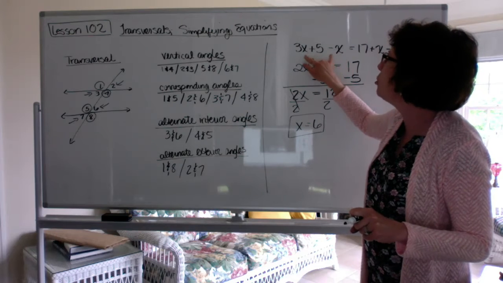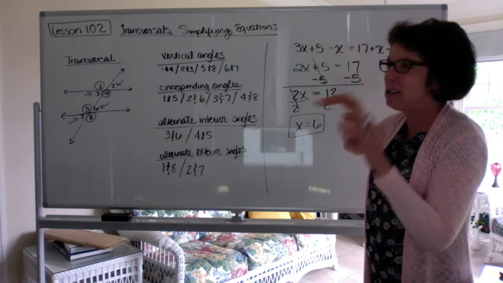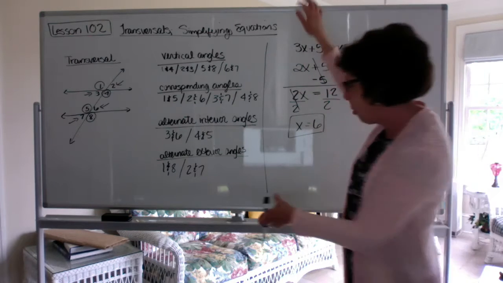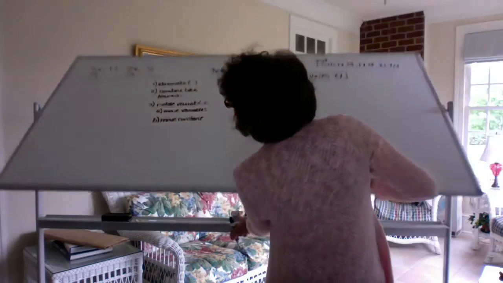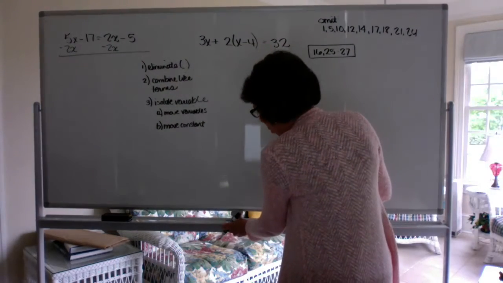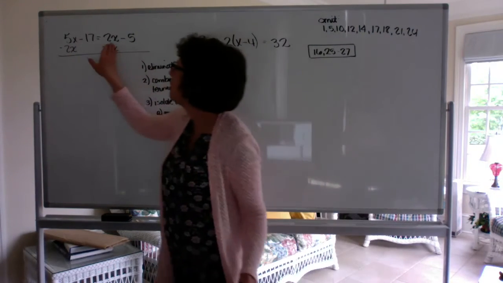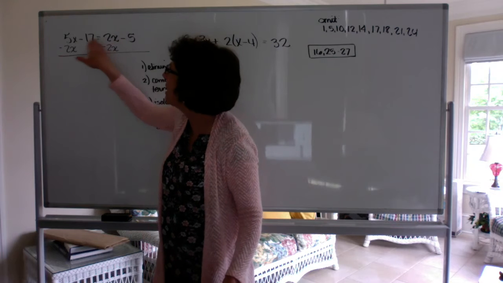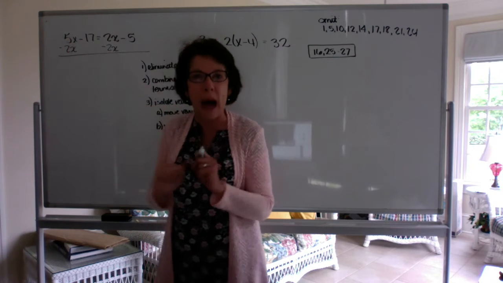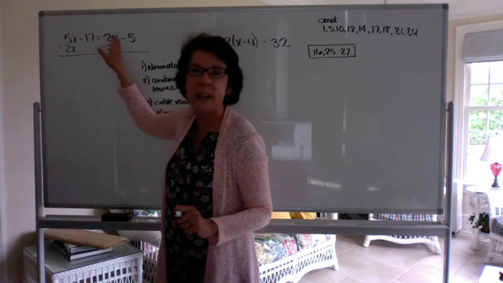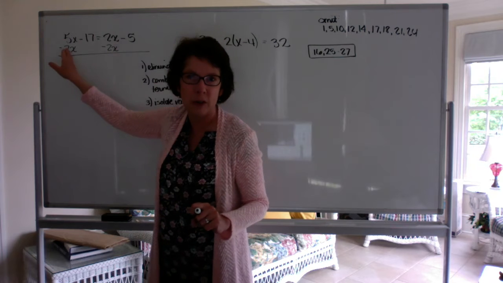You never want to add x's or subtract x's from the same side of the equation. So let's look over on this side again. This time, because we have x's on both sides, we're not combining like terms, we're moving the x from one side to the other.